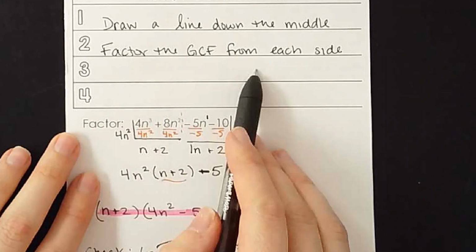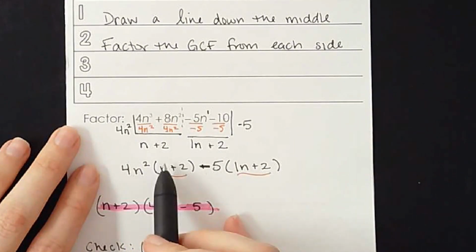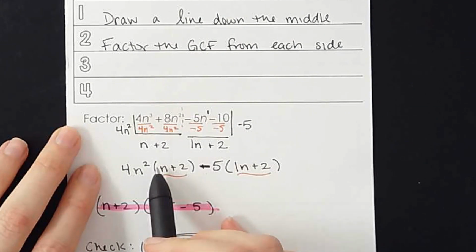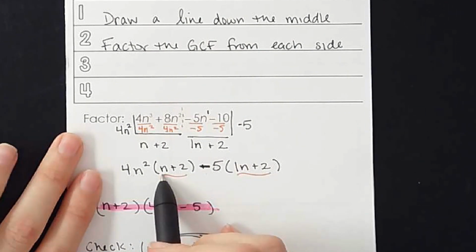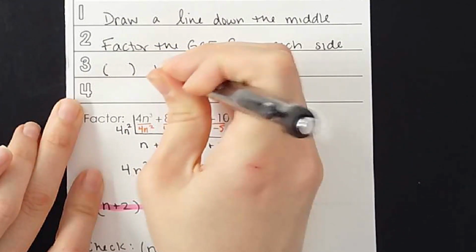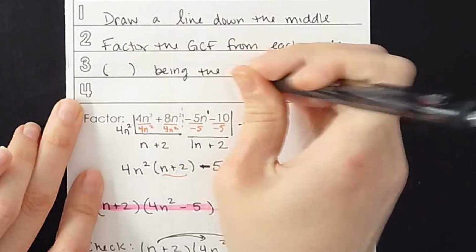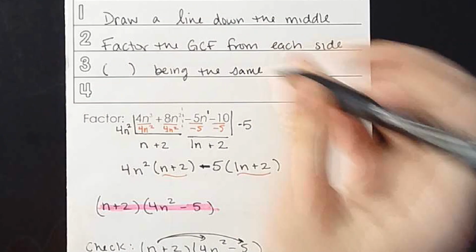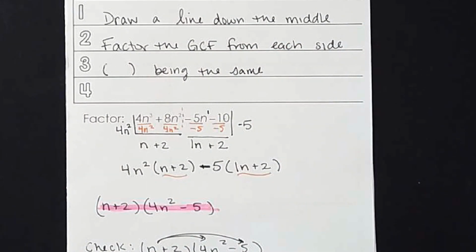So after you factor the GCF from each side, if you've done everything correctly, you should end up with your factor in parentheses being the same. If that factor in parentheses is not the same, it means you either didn't pull out the greatest common factor, or maybe this polynomial just doesn't factor the way you wanted it to.